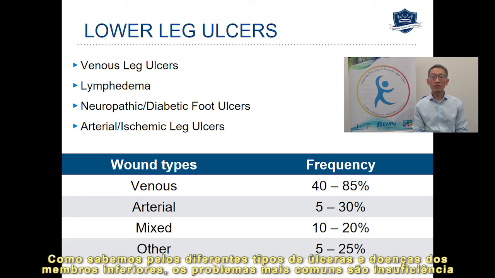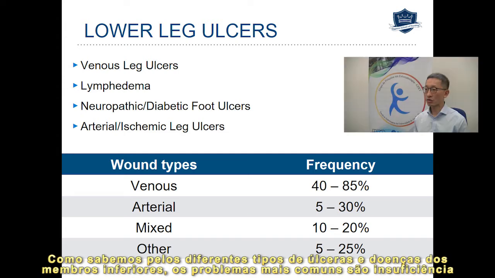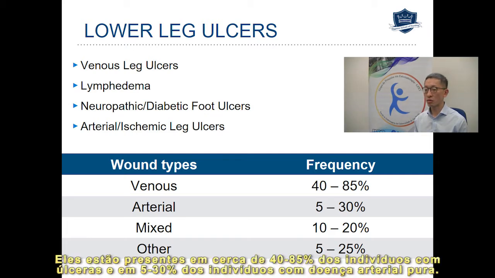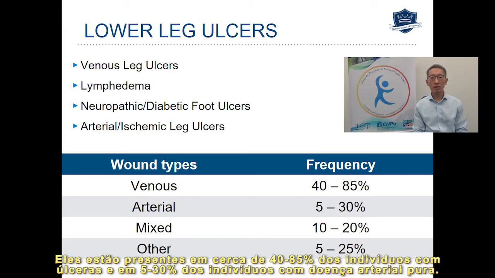And when you look at the different types of lower extremity ulcers and diseases, the most common problem that we come across is venous insufficiency related ulcers, or venous leg ulcers, that constitute about 40 to 85% of those individuals who present to us with ulcers. And then about a range of 5 to 30% with pure arterial disease.